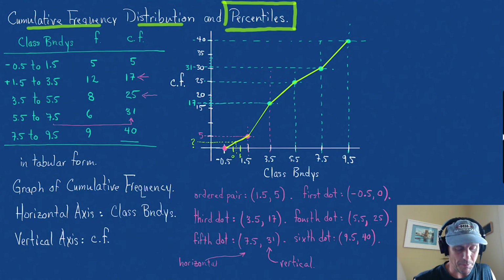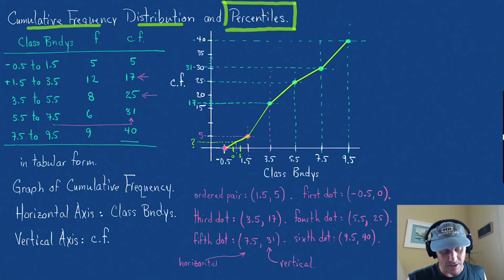But what we could do now is we could estimate what the cumulative frequency is of any number. It could be a half, it could be 0.2. Any number that's in what we call the domain. And the domain is this stretch of numbers from negative 0.5 to 9.5.